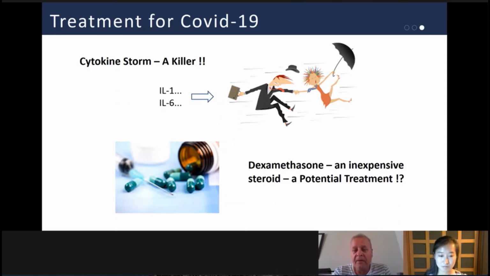This is still under clinical trial, but it's looking very promising, so that a number of people in intensive care can probably be helped by this simple and very inexpensive medicine.